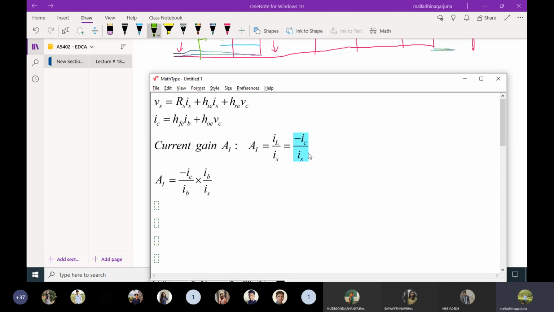IC by IS is nothing but minus IC by IB into IB by IS. So IB cancels, and you will get minus IC by IS. Yes or no? Just dividing numerator and denominator.